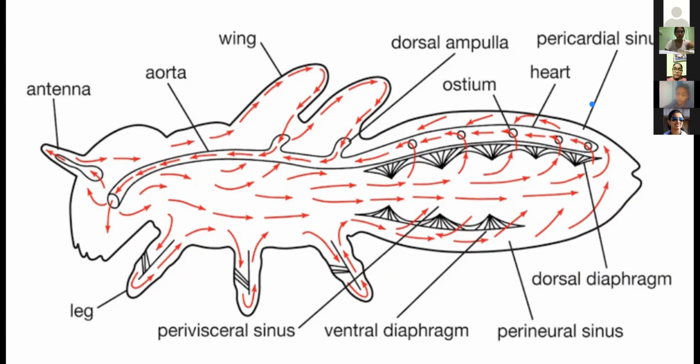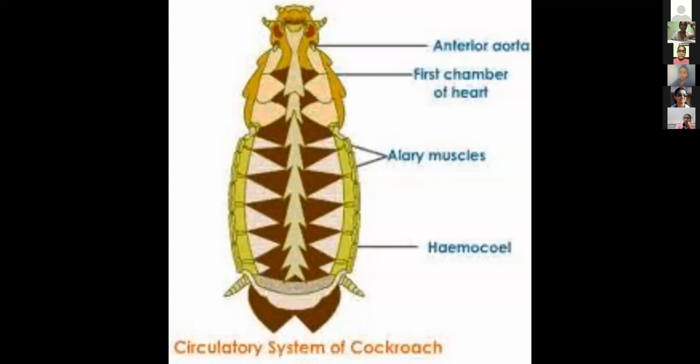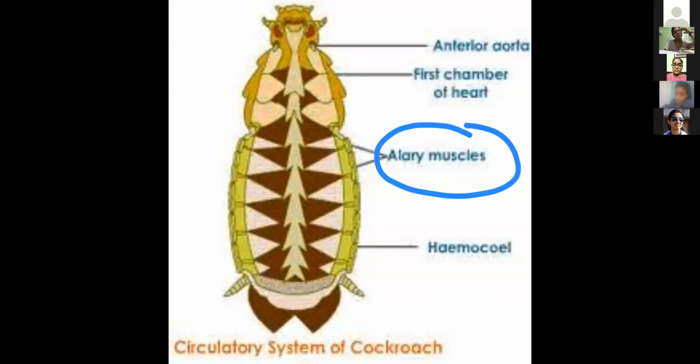Now, one more structure that is associated with this circulatory system that is not given in theory part but in diagram given. So remember this, board exam or regular need, that's the alary muscles, right? That's the which one? Alary muscles. Suppose ये first number का heart chamber है, right?